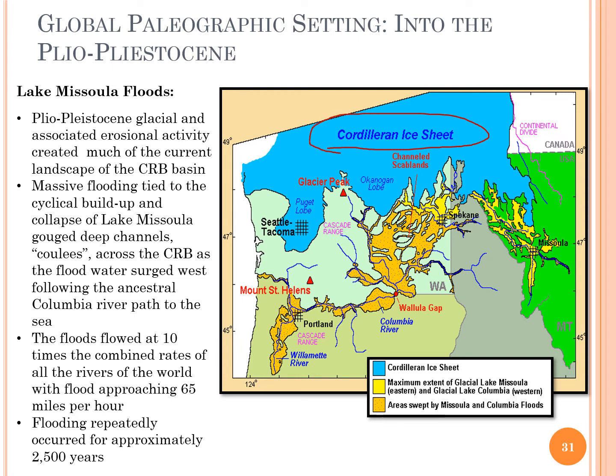That ice sheet extended all the way from central British Columbia down, filling in Puget Sound as a big lobe of glacial ice. And there was another lobe extending into northern Washington called the Okanagan lobe.